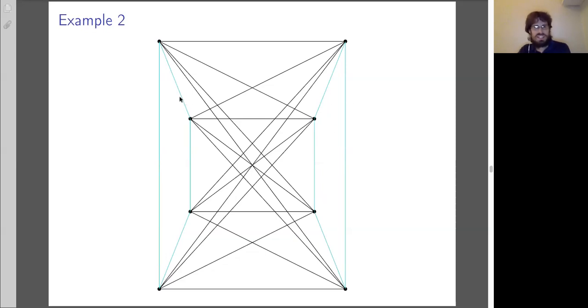So if I make these 2 cycles both be frame cycles and every other cycle be a lift cycle, then we have the property that every lift cycle meets every frame cycle. And so we will, again, get a non-trivial quasi-graphic matroid out of this graph. Or alternatively, we could take these 2 cycles here to be lift cycles rather than frame cycles, and the ones in the middle to be frame.